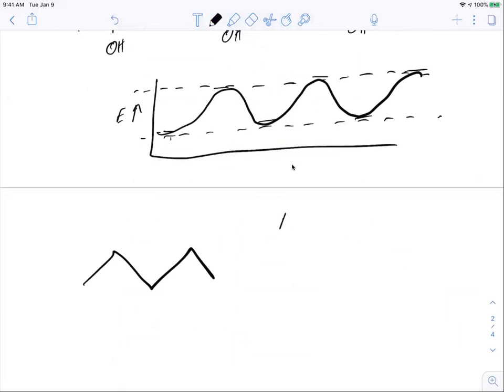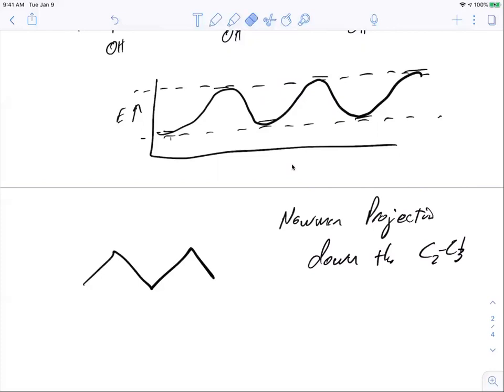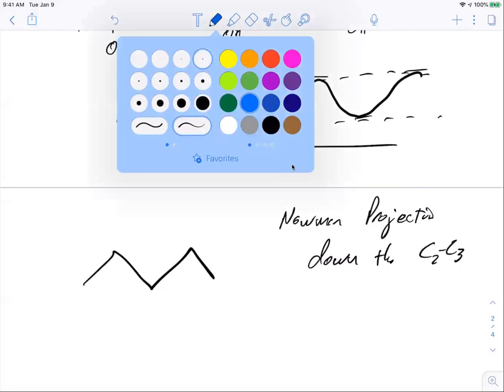So I would want the Newman projection down the C2C3 bond.